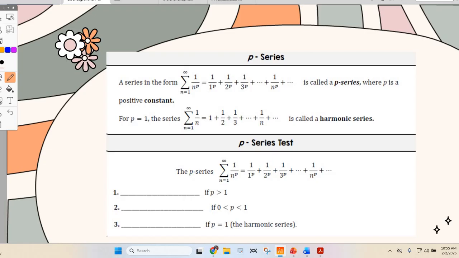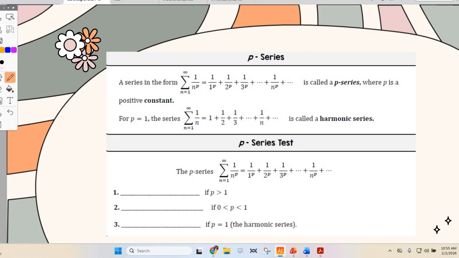But it has some similar consequences, because we're looking at something to a power. So basically, when we have 1 divided by n to the p power, it's called a P series. P is going to be a constant. Again, n is our variable, and it's in my base this time.